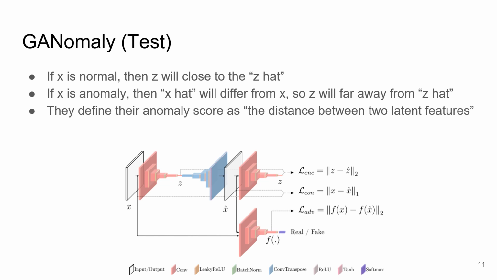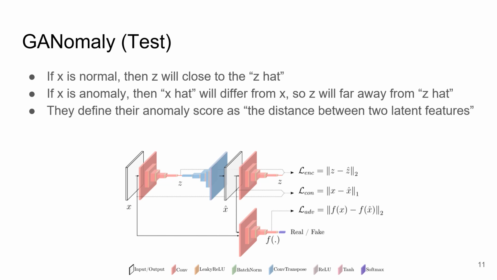On the other hand, if X is an anomaly, then through this autoencoder, X hat will differ from X, because this autoencoder only generates normal images. So the Z hat will be far away from Z, right? This is the feature of normal, and this is the feature of anomaly.